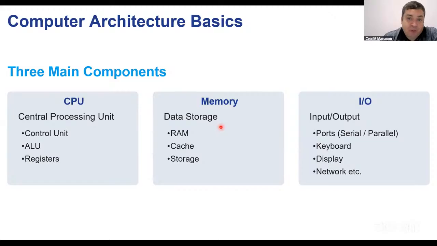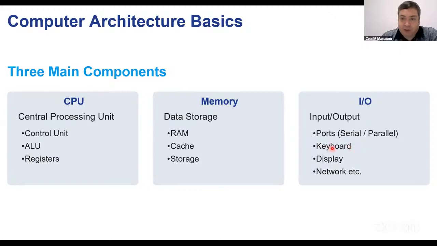Then we have the memory subsystem with RAM, cache memory, and storage devices like HDDs, SSDs, and flash cards. And the last is the input-output system, to communicate with real-world devices and with the human. For this, we have ports like serial and parallel ports. For example, USB is a universal serial bus, and it is a serial port.